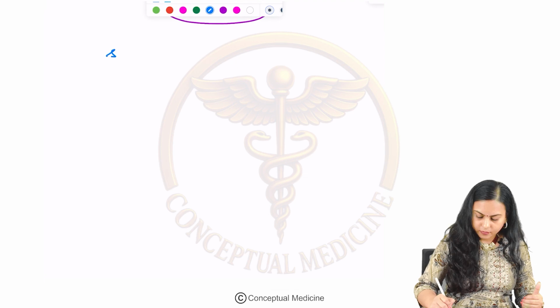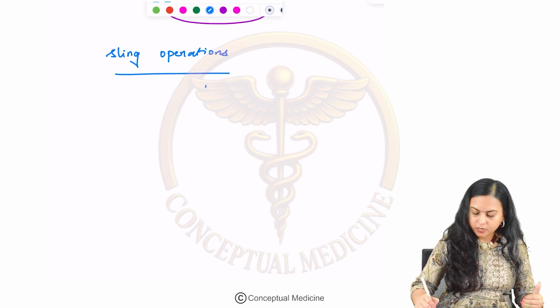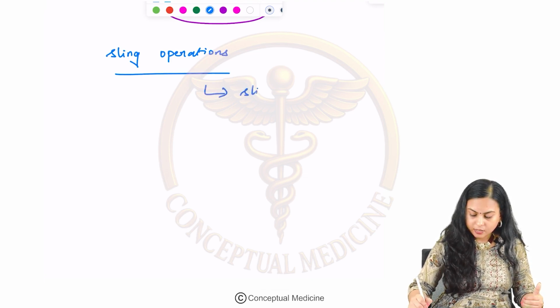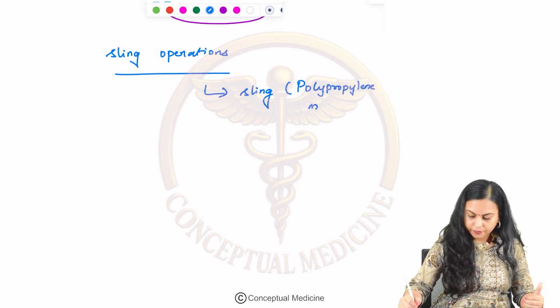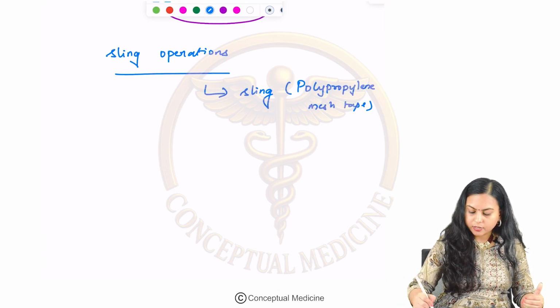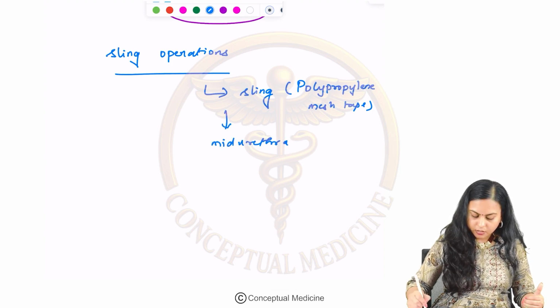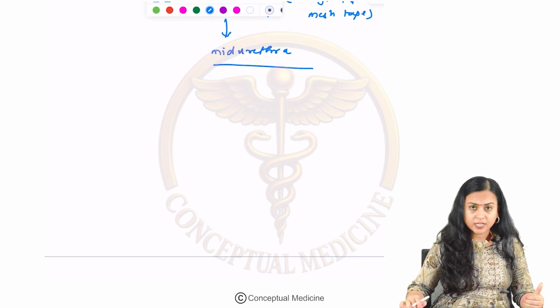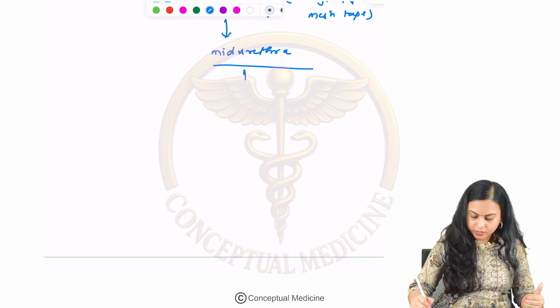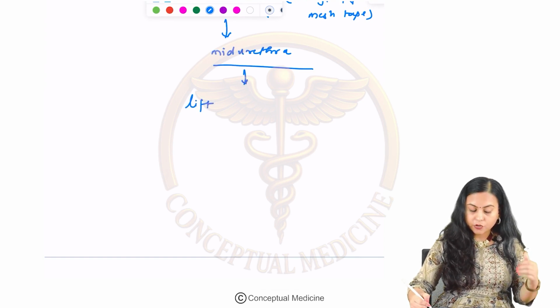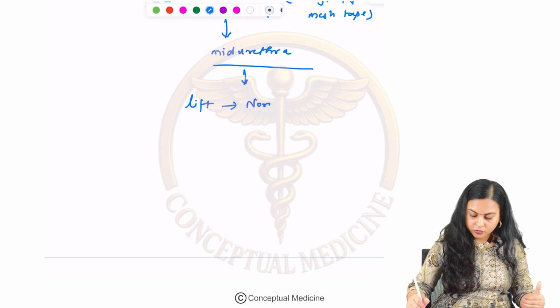So, presently the sling operations are performed by placing a sling that is made up of polypropylene mesh tape around the mid-urethra through a transvaginal approach, and this helps in lifting the urethra back to a normal position.